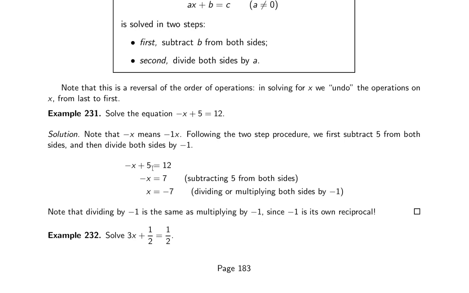First is 5, so we want to subtract 5 from both sides. 5 is the b here. Subtracting 5, we get a 0. Subtract 5 from 12, we get 7. So negative x plus 0 equals 7, just negative x equals 7.